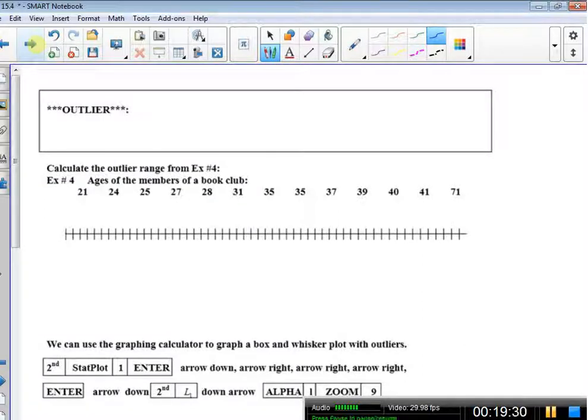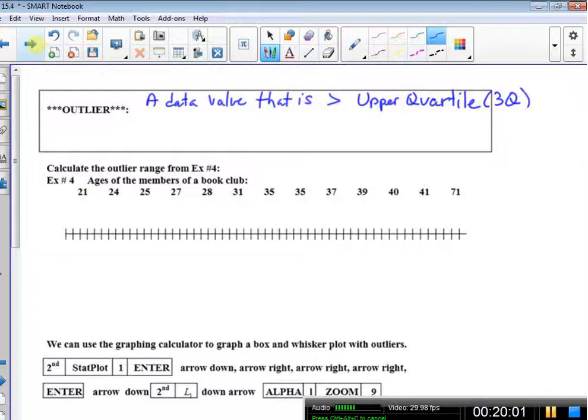An outlier is a data value that is greater than the upper quartile, which is also referred to as the third quartile, plus 1.5 times the inner quartile range.